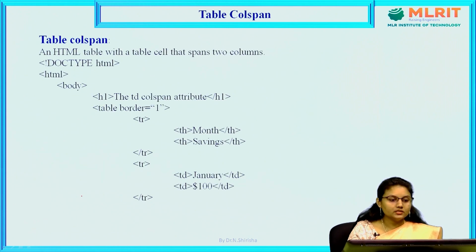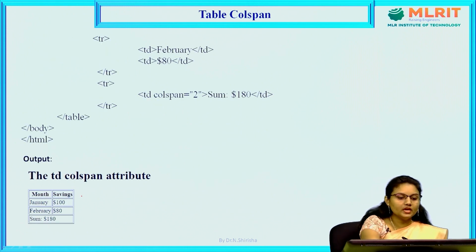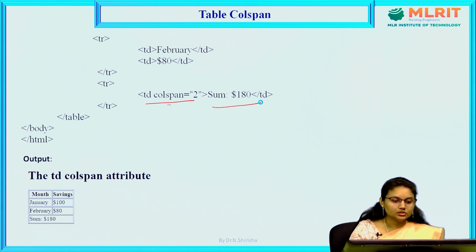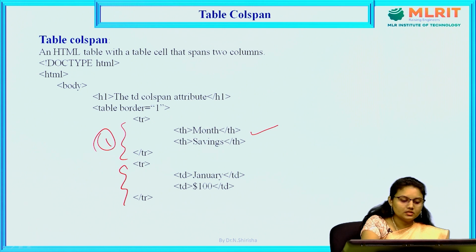Similarly, col span is also there where you want to merge 2 columns. When you are merging 2 columns, your row will be merged, right? So here also, if you see, we have given TD col span. In the first row you have given 2 headings. This is the first one. This is the second row.